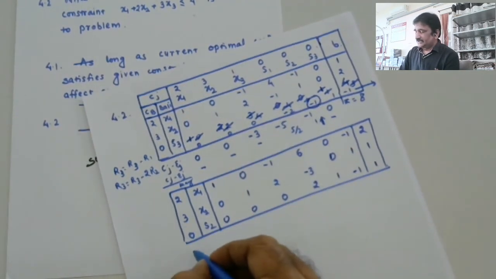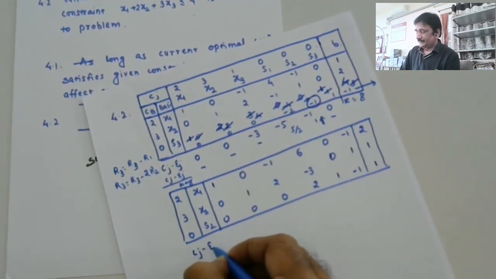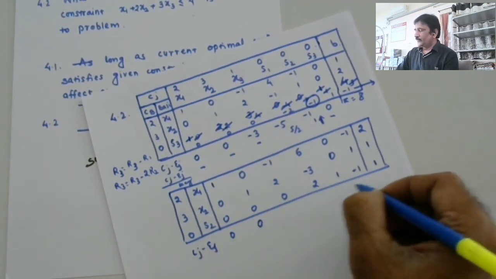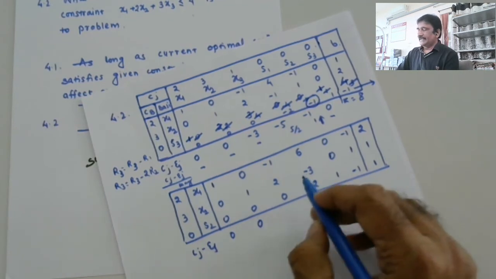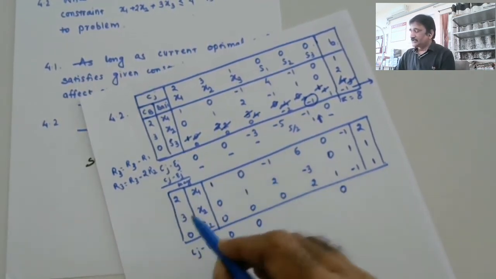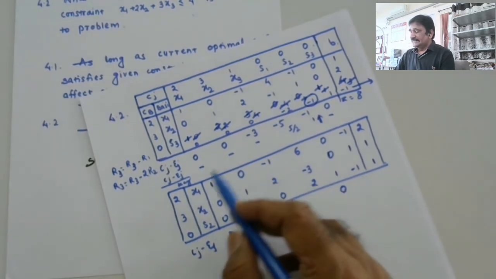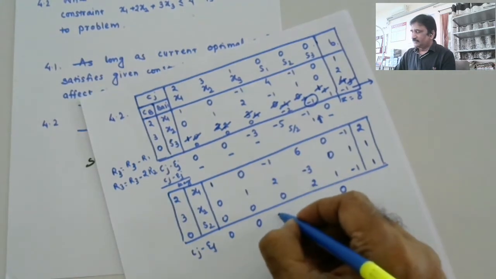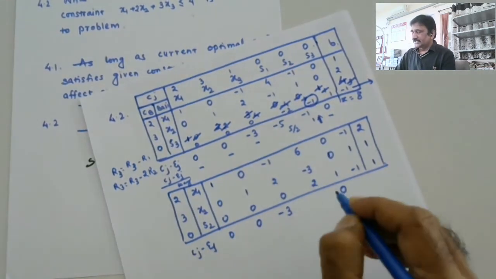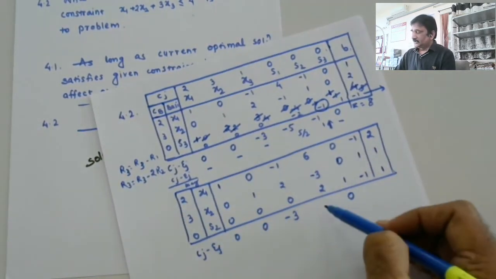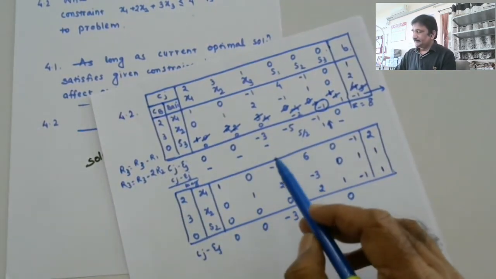Let me find Cj minus Ej directly. For basic variables, it will always be 0, right? These are the three basic variables. At the rest of the places, I have to find it. So minus 2 plus 6 gets me Ej equal to 4, and 1 minus 4 is minus 3. This has come negative. Then let me find Cj minus Ej here.